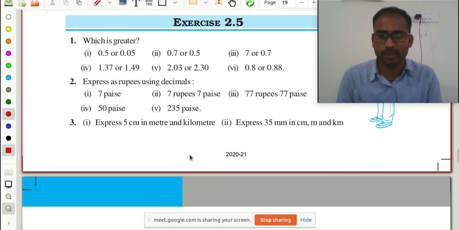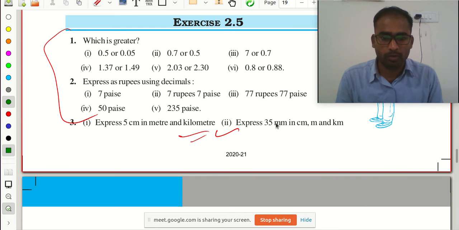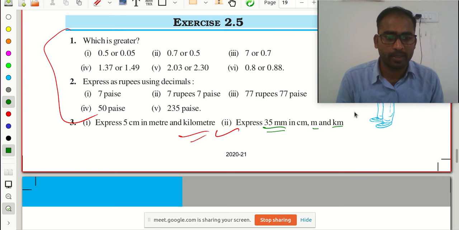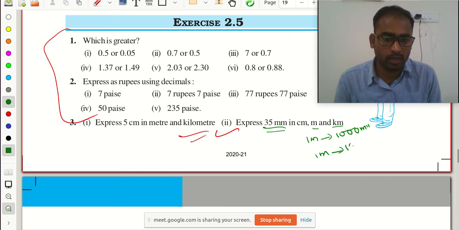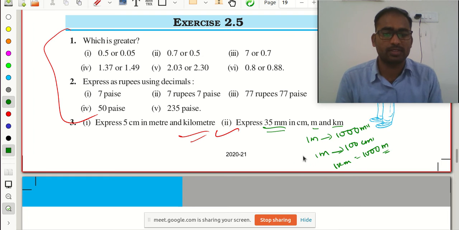These are the example exercise problems, please go through them. And here is one more. Express this 35 mm in centimeters, meters and kilometers. First you should know 1 meter is equal to 1000 millimeters, 1 meter is equal to 100 centimeters, and 1 kilometer is equal to 1000 meters.